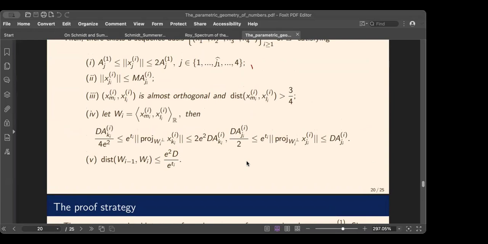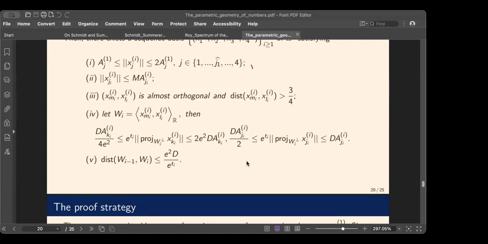So if Ki is less than Gi, then the first part of the error is much smaller than D times AGI.